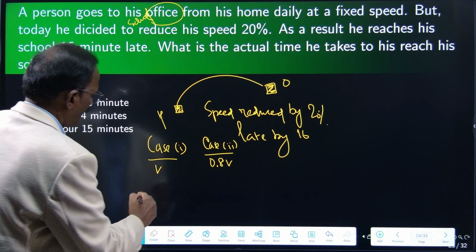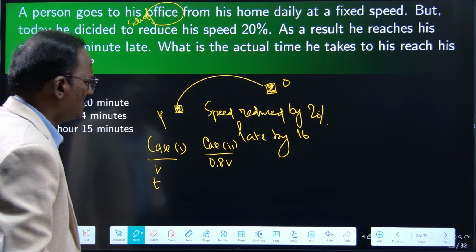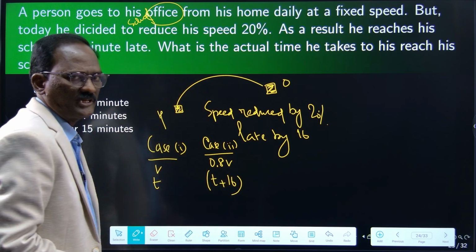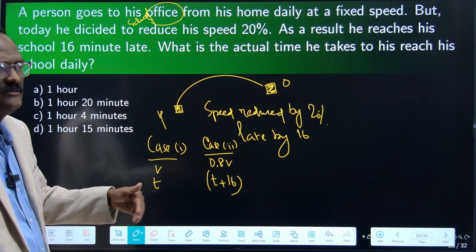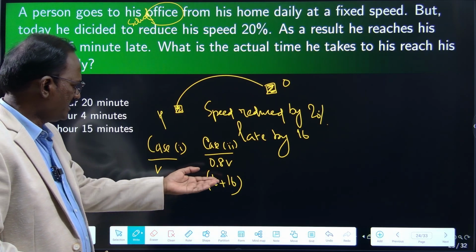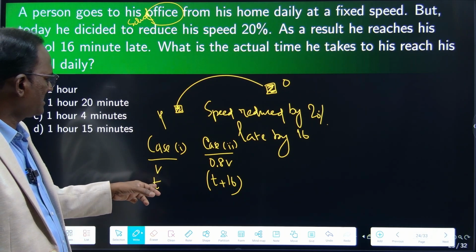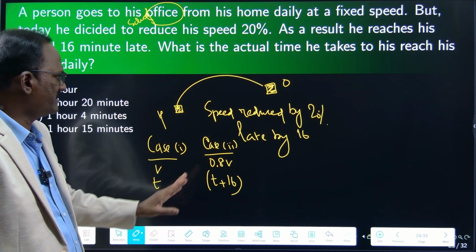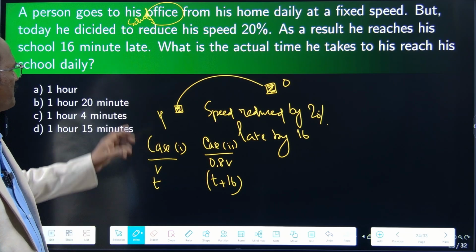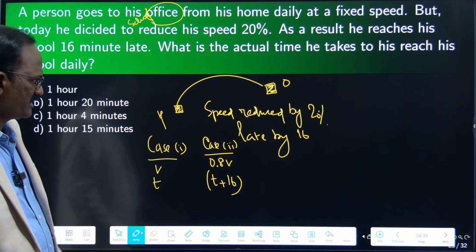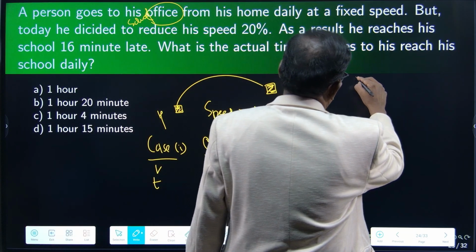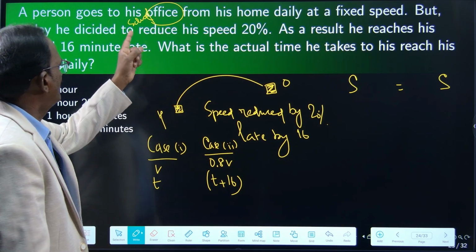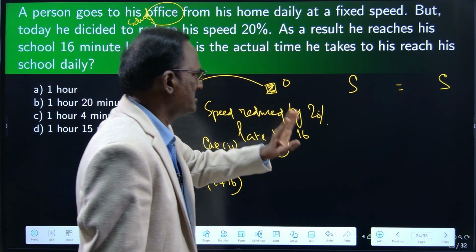If we assume this is time t, then this will be t plus 16 minutes, because time taken will be higher than the previous regular time. This is regular speed and regular time. This is the speed he used on that particular day, 0.8v. But the place is not changed, so distance is the same. In both cases, s equal to s, isn't it?